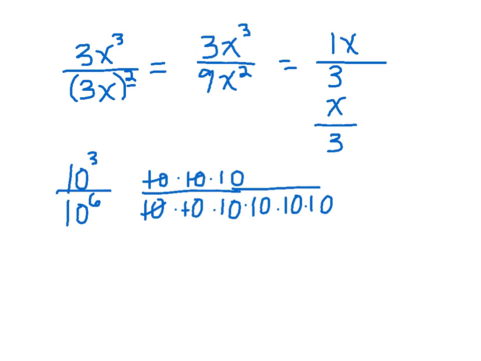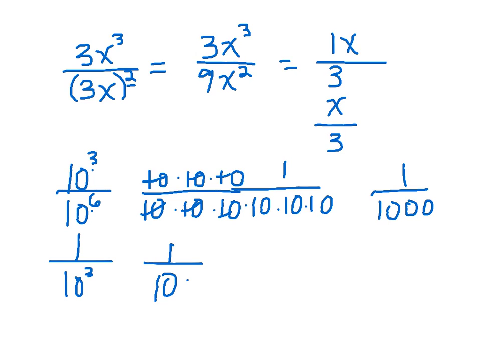So these cancel, and you get 1 over a 1 with 3 zeros, otherwise known as 1,000. You could say that this is 1 over 10 to the 3rd when we subtract these exponents, but then you do need to call it 1 over 1,000.